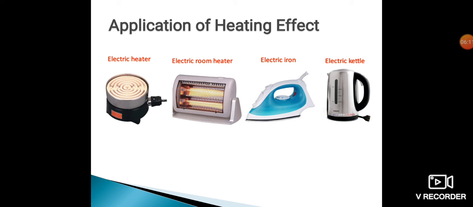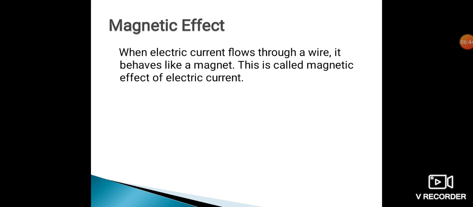In the electric iron, the plate which touches the clothes is connected with a coil, and that coil produces heat, which is transferred to the plate. The electric kettle is used to heat water or to heat tea, coffee, etc. So these are the day-to-day life examples of the heating effect of current.